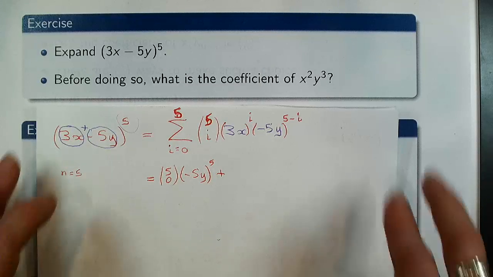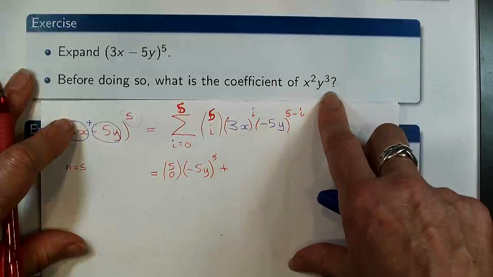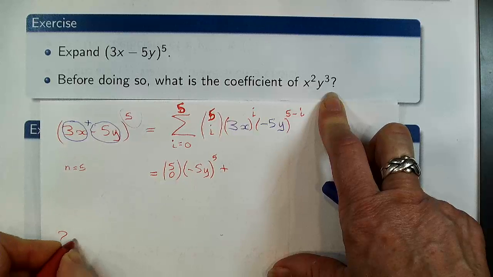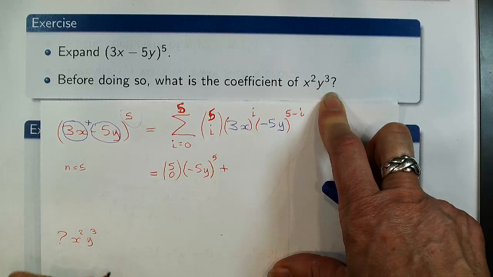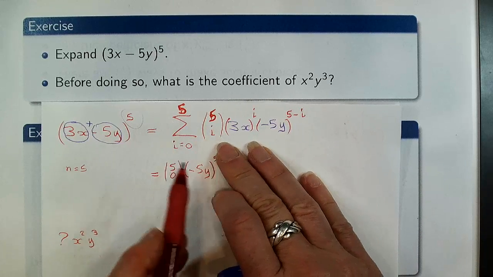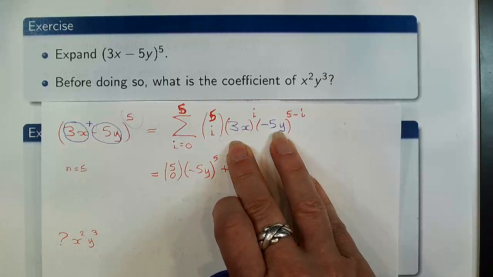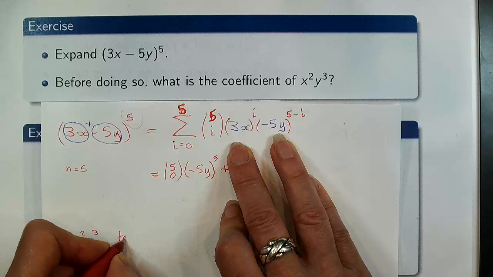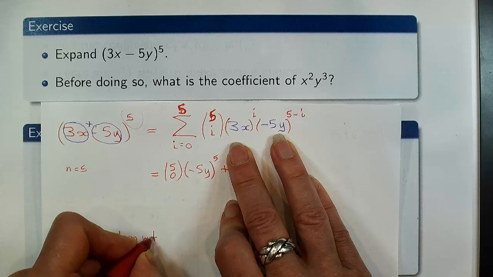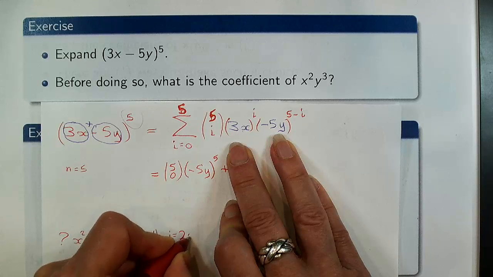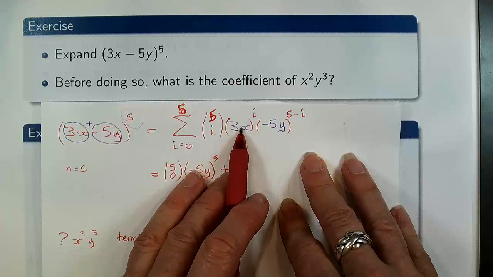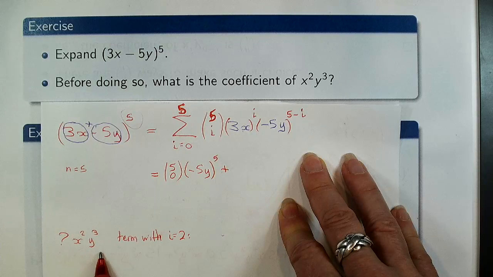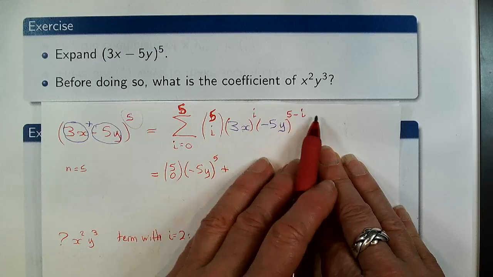All right, I'm bored. I'm going to work out the coefficient of x squared y cubed. We're looking for the number in front of x squared y cubed. One of these terms gives us that when i equals 2. If i is 2, I'm going to get an x squared, and I'll also get my y cubed.